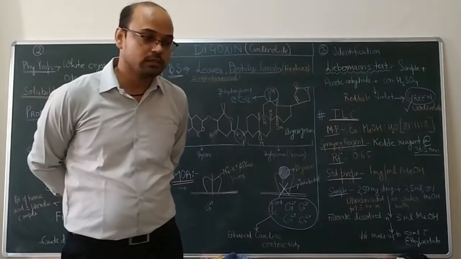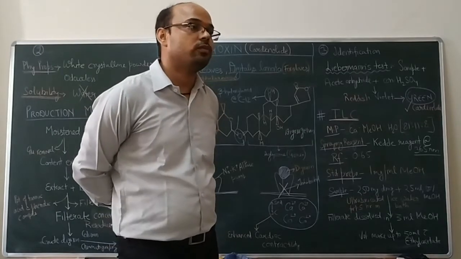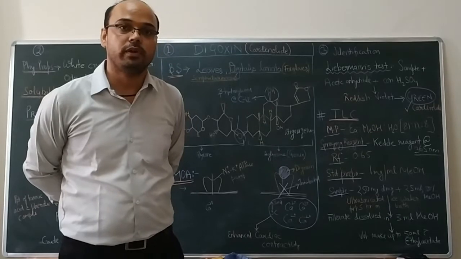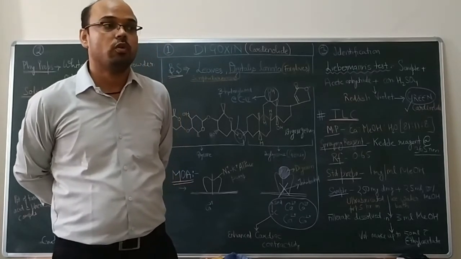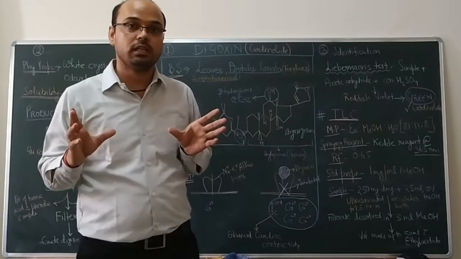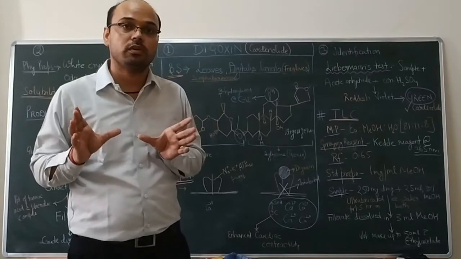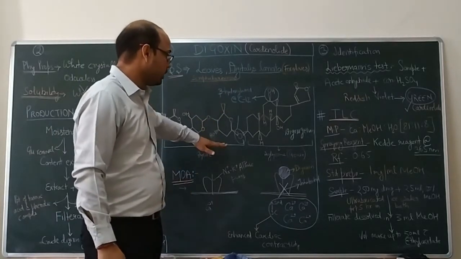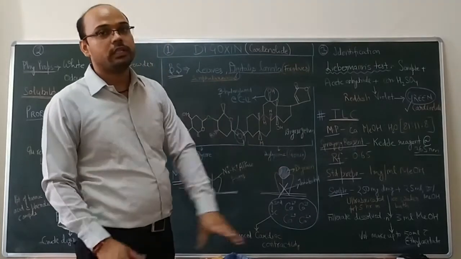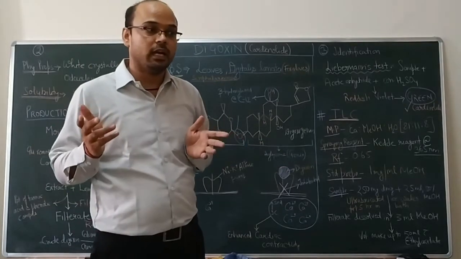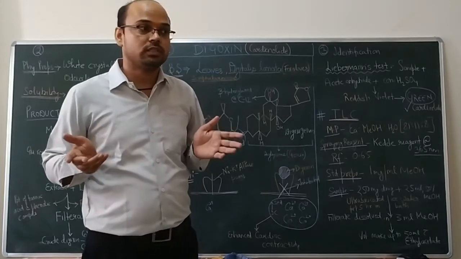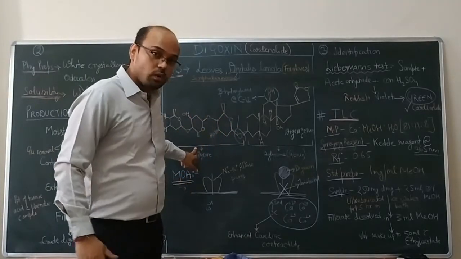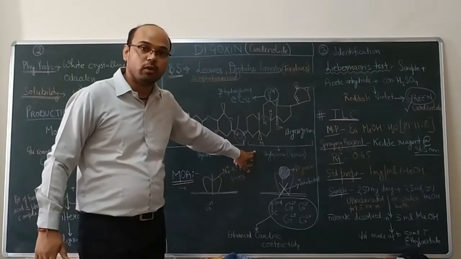Since we are concerned about the isolation part of the phytoconstituent digoxin, we must know the structure of digoxin. So if you can see the diagram, this is the structure of digoxin, and being a glycoside, this structure is divided into 2 parts: a glycone part and an aglycone part.